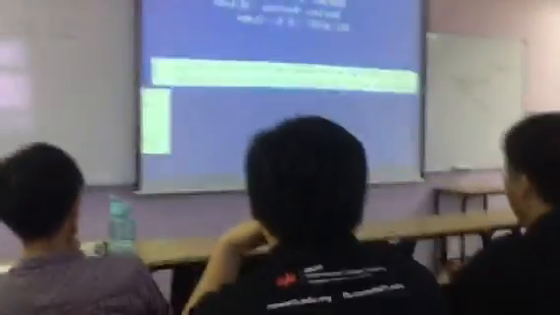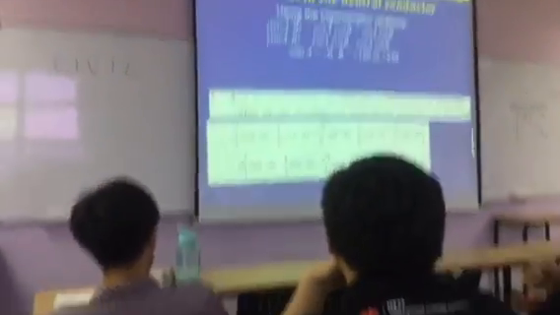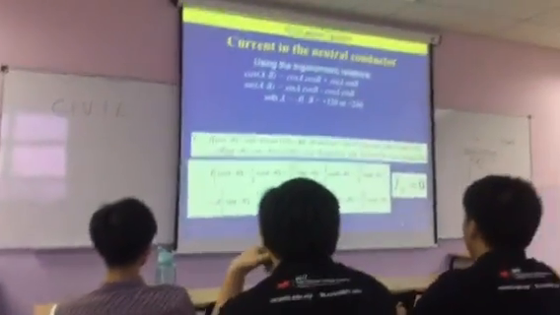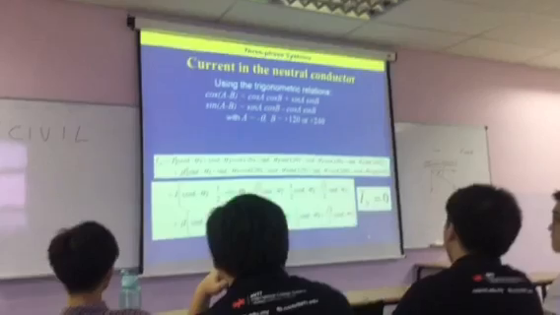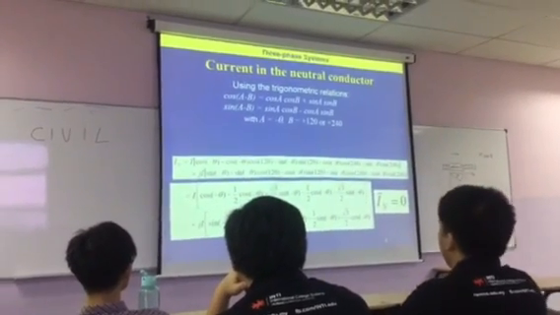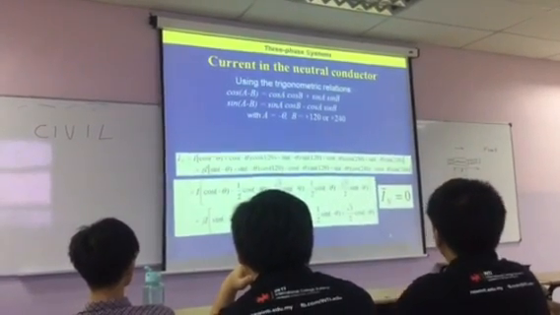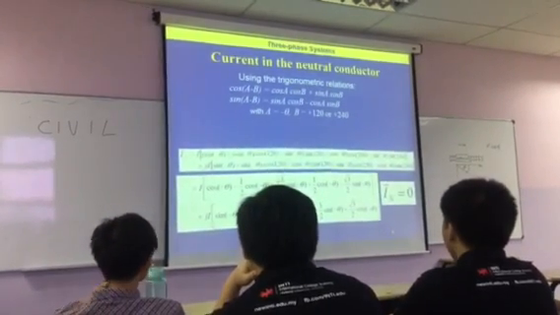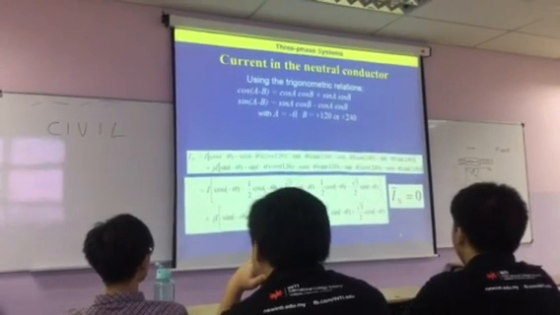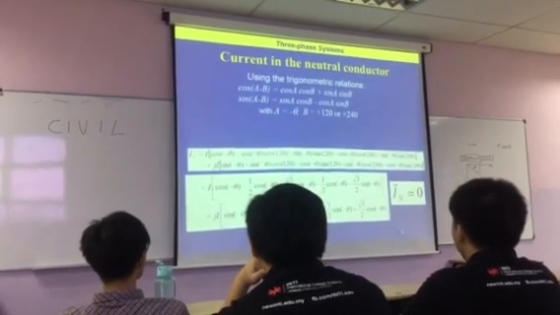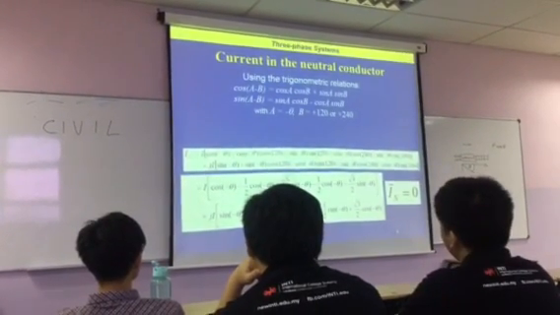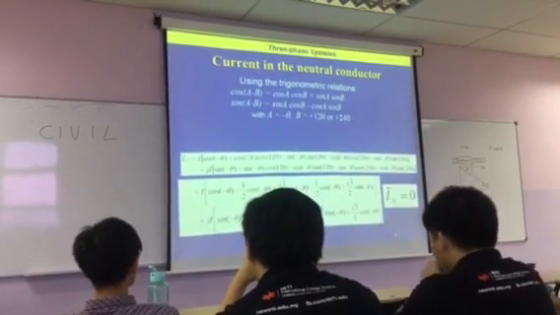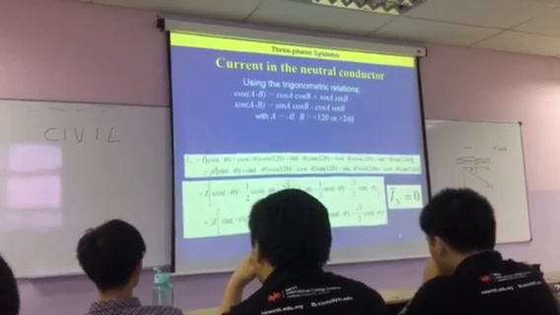What that simplifies to is that the current in our neutral wire is equal to 0. There are lots of books that have this proof, so I'm not going through it today. The current in the neutral wire is negligible, and in a perfectly balanced system it's going to be 0. The advantage, of course, is we can make it a very thin wire, much thinner than the other 3 wires.